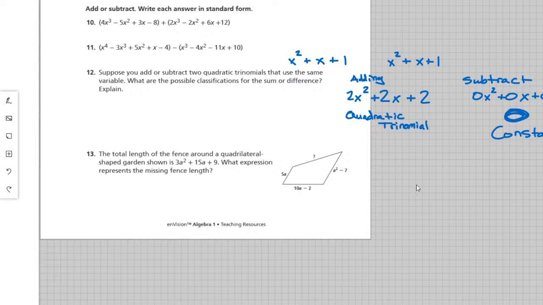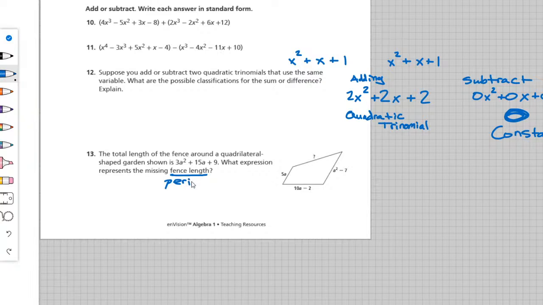And then with number 13, we are dealing with perimeter, with fence length. Remember, we're dealing with perimeter. We know that this would be the total perimeter length, so that's our final result. If we were to add up all the sides, that would give us our perimeter.